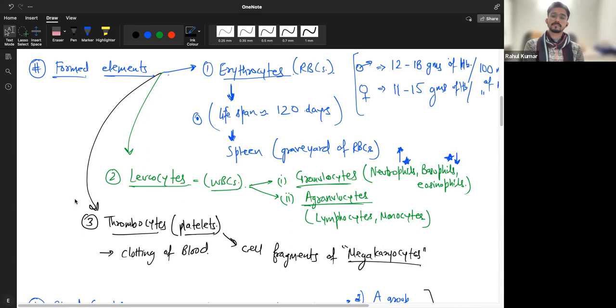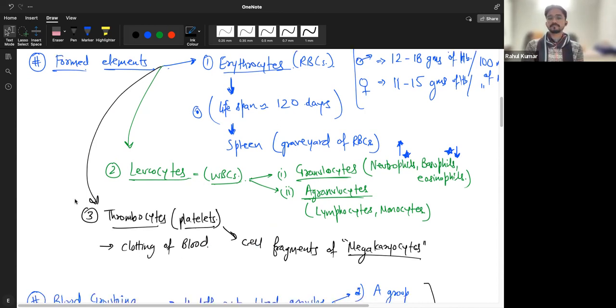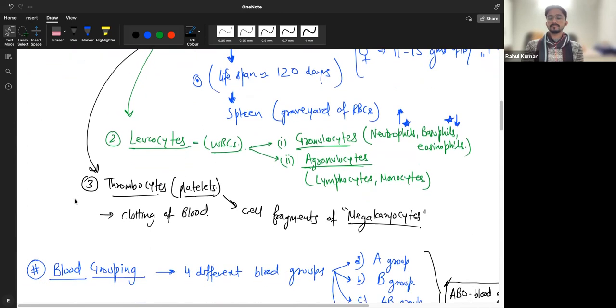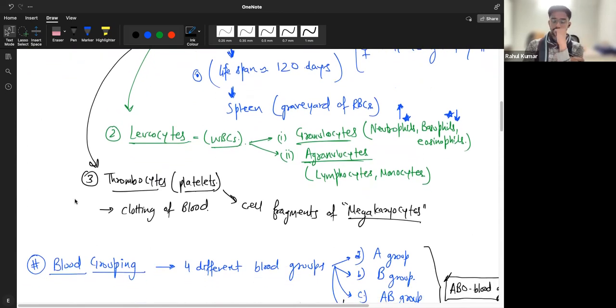Types of WBCs are granulocytes, which have granule-like cytoplasm and consist of neutrophils, basophils, and eosinophils. Second is agranulocytes, that are lymphocytes and monocytes. The most abundant WBC is the neutrophils, 65%, and the least abundant is basophils, 1%.